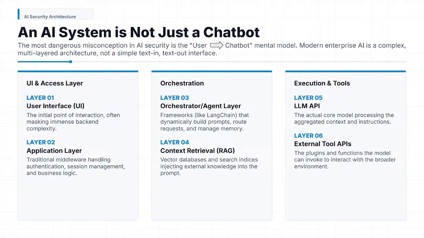So now, the UI and access layer covers the UI, covers the application layer. Orchestration. What does the orchestration or agent layer do? This one has to do more with the frameworks that build the prompt, route requests, and manage memory.